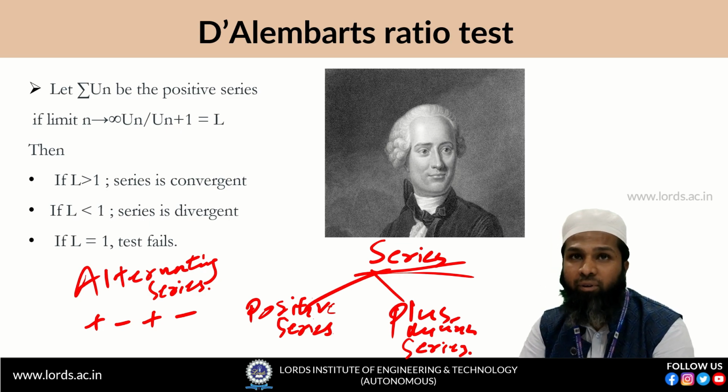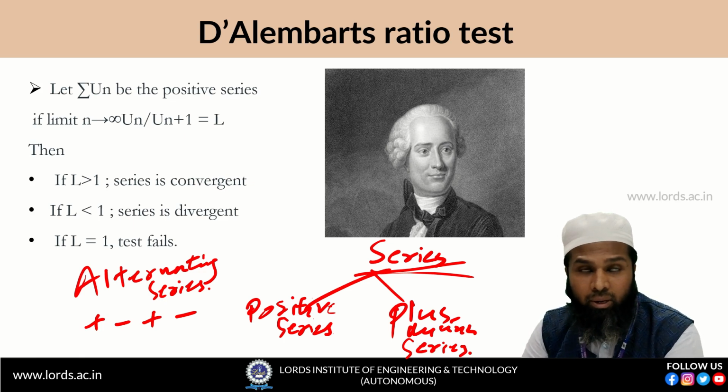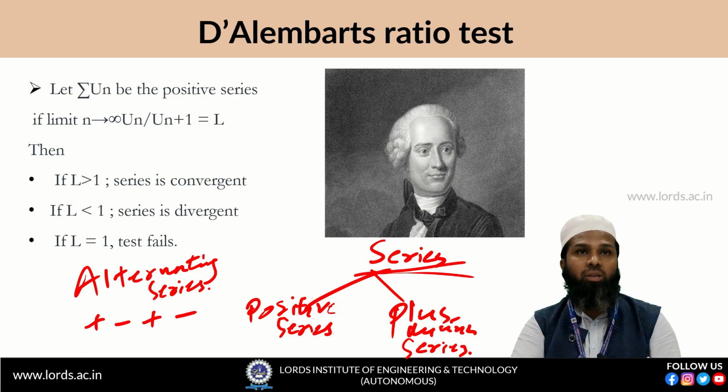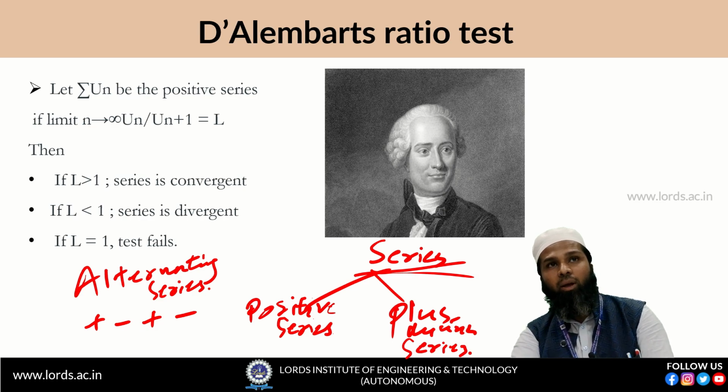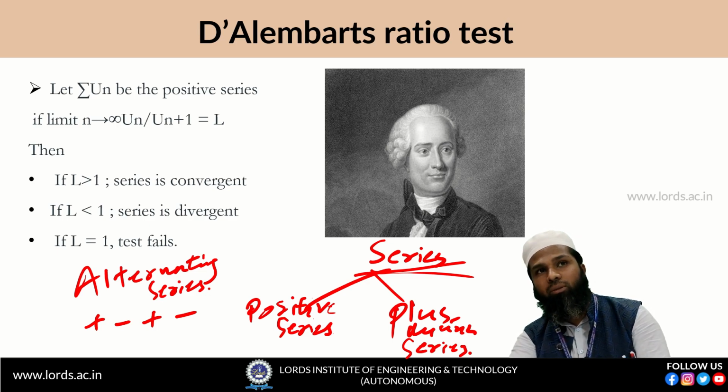Now we have different tests for these different series. Today we are going to discuss only one famous test, called D'Alembert's ratio test, to know the nature of the positive series.